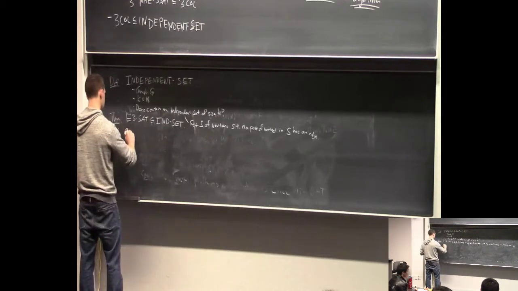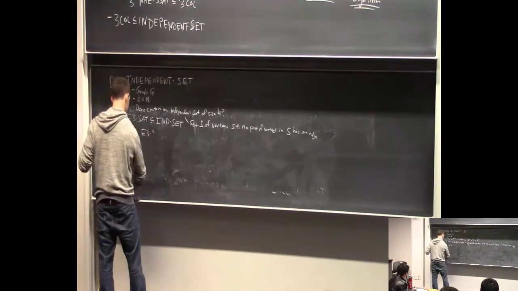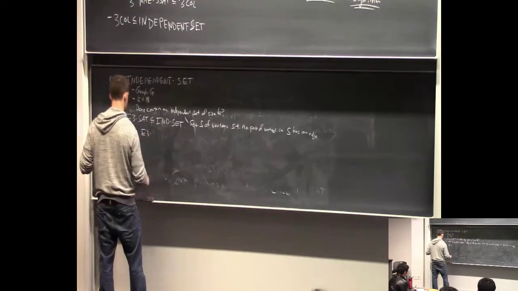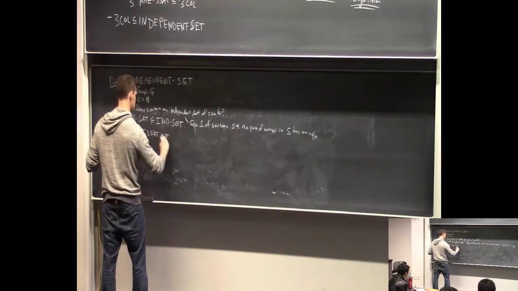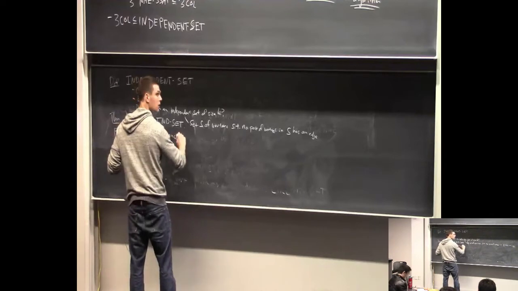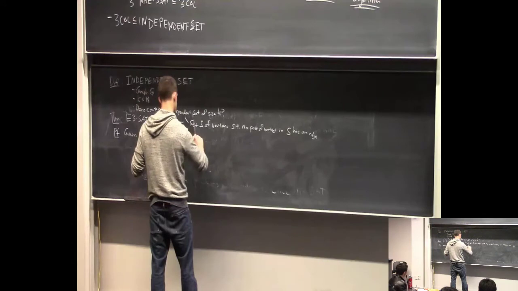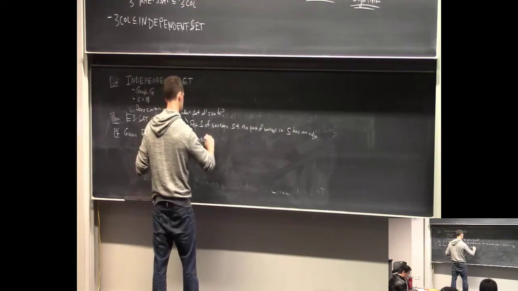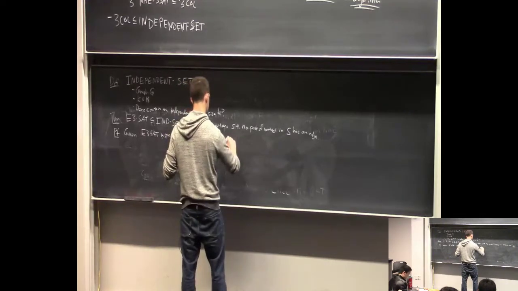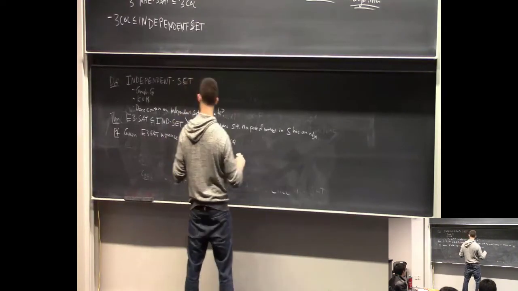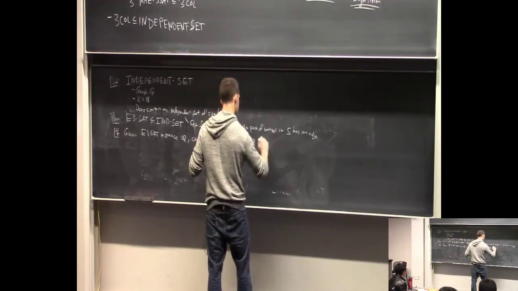Okay, so what's the goal? So given an E3-SAT instance phi, we want to construct a graph G phi and a number K phi such that phi is satisfiable.